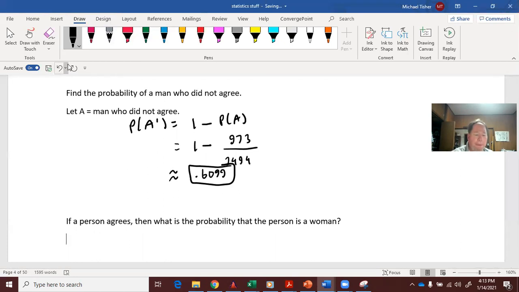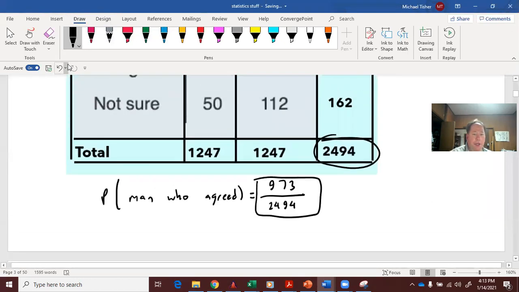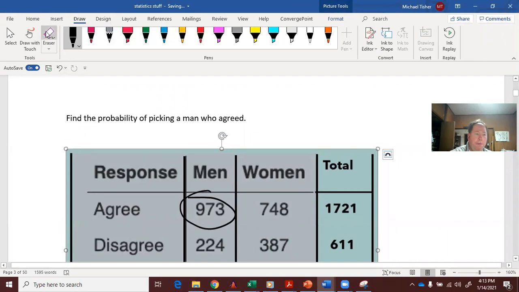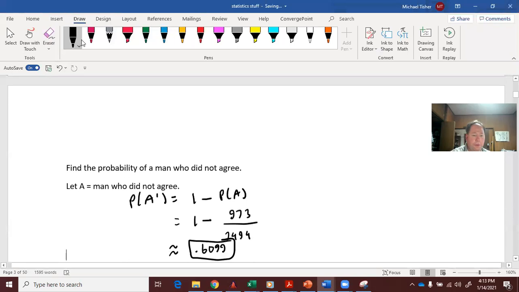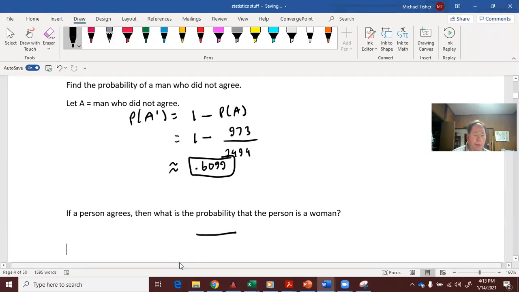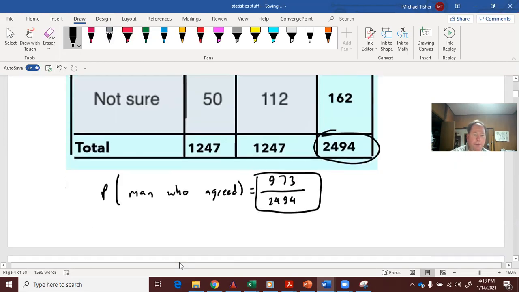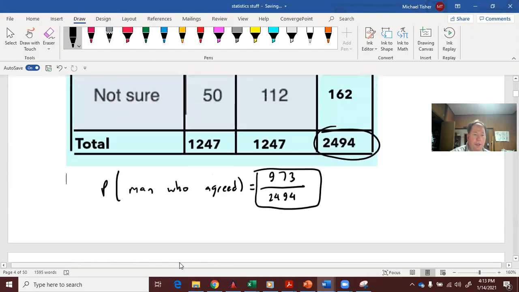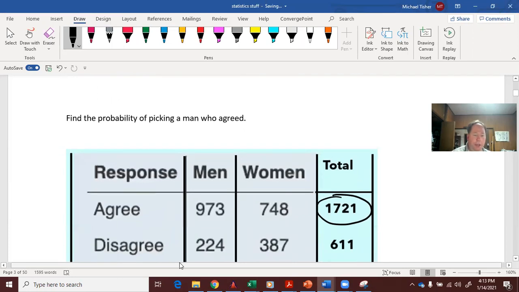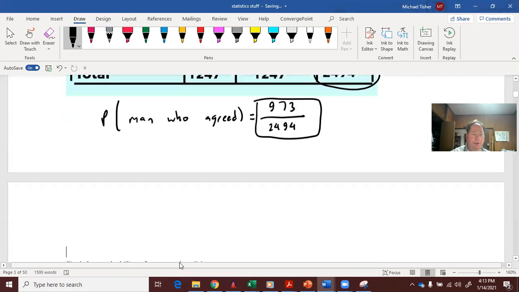So that's going to be our denominator. So how many people agreed? If we look at the table here, a total of 1,721 agreed. So that's our denominator for this one. Out of the 1,721 people who agreed, how many of those are women? That's going to be 748. So the answer for this one is 748 over 1,721.